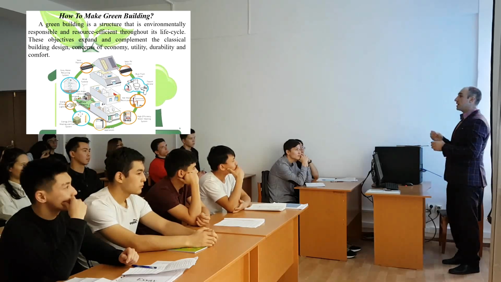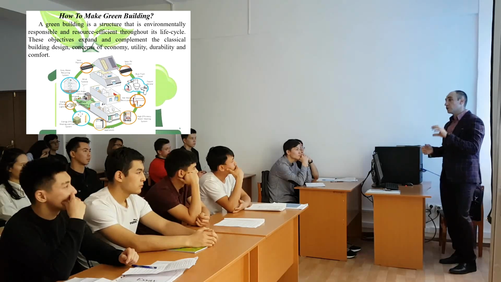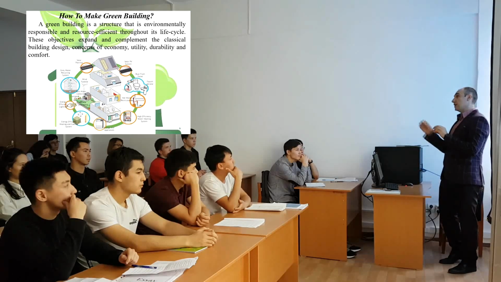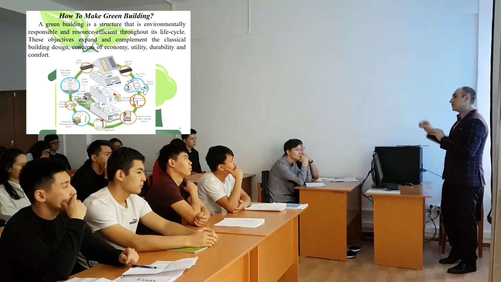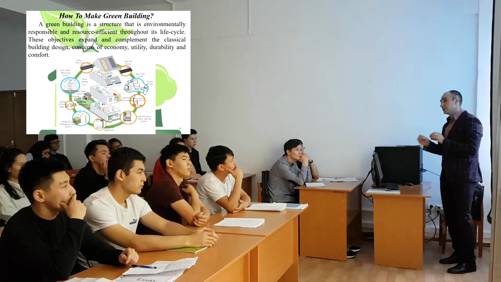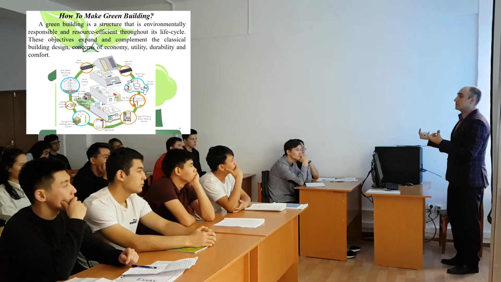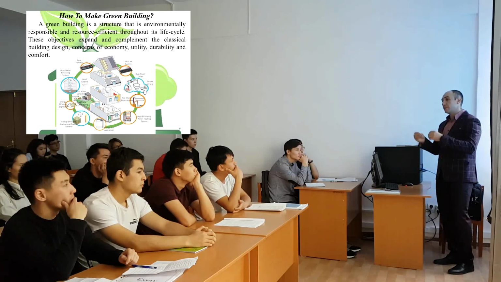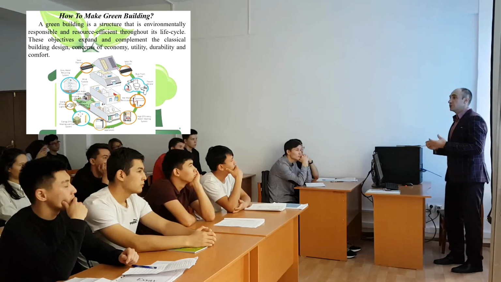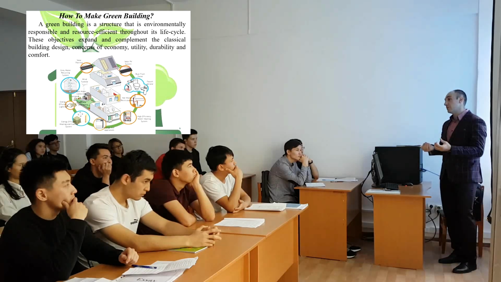Because to apply the right methodics for green buildings, first of all, you need to know how just ordinary buildings are designed. So what types of mistakes are made during traditional building design. And only after that, of course, you will be able to apply the right methodics and the right materials, because you know the comparison between traditional buildings and sustainable buildings.